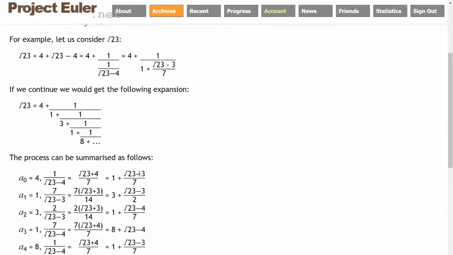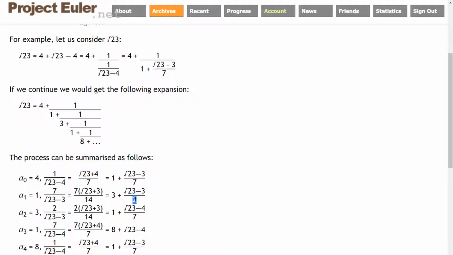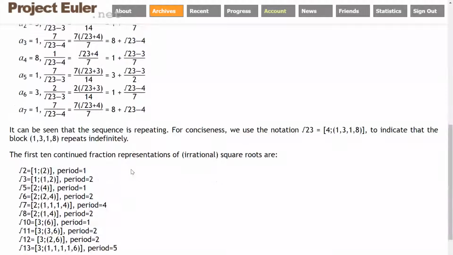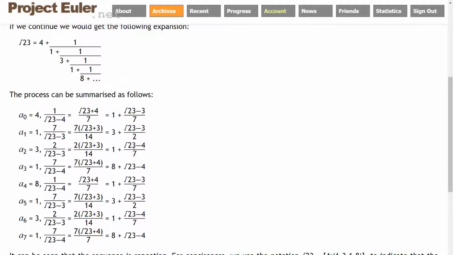Why not that? Because he wants the minimal thing. Obviously not, because here he has something else, right? What is this about? It can be seen that the sequence is repeating for conciseness. Okay, what is the pattern? I don't know.